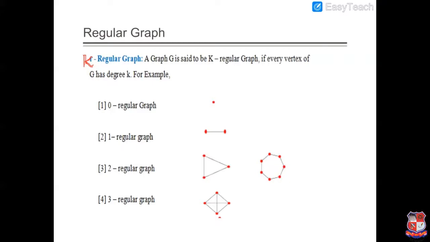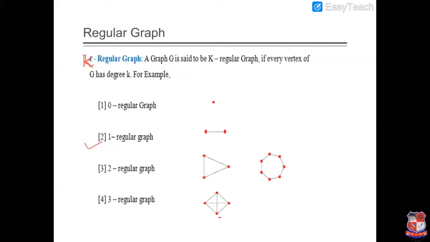So here there is only one vertex in a graph and no edges connected to this one vertex. Therefore, it is a 0 regular graph. Now, in this one regular graph, each and every vertex has degree 1. Therefore, it is called a one regular graph.